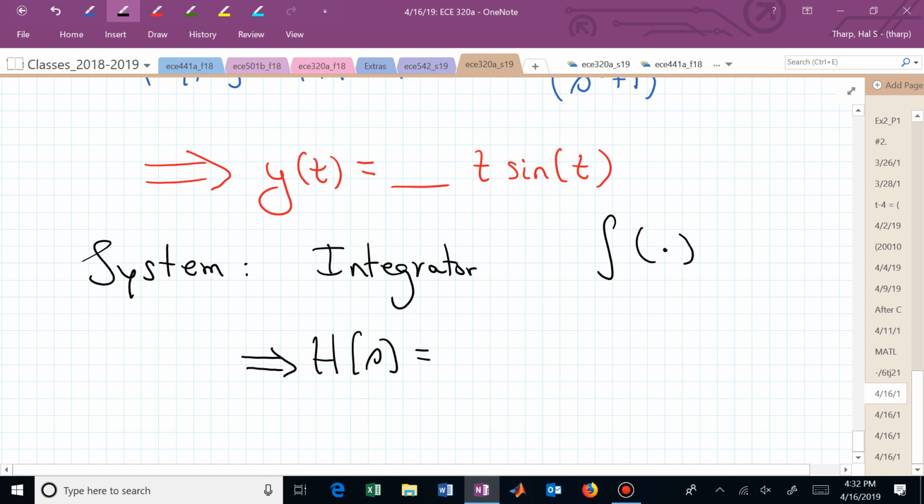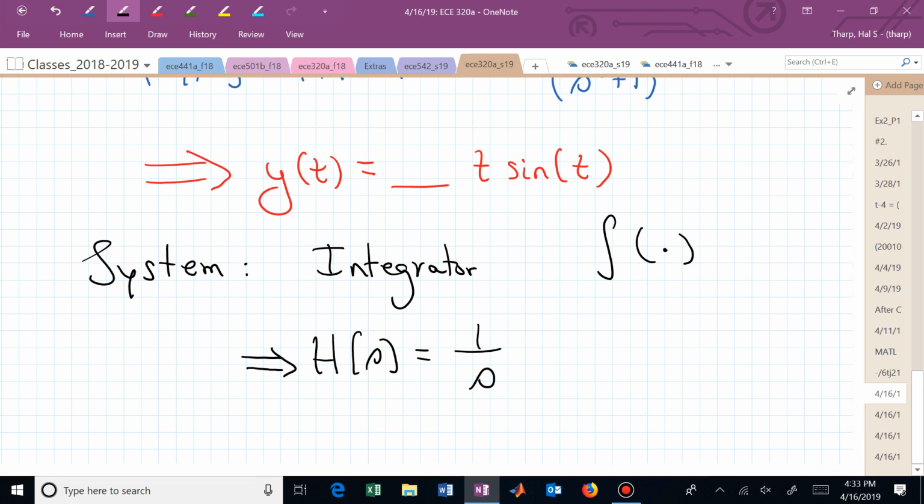It has convolution in the time domain, but now it's the inverse of differentiation. Differentiation is multiplication by s, integration is division by s. So if your system is a pure integrator, what could you apply to that integrator and cause an unbounded output? What could you integrate that's bounded that would go unbounded in the output of the integrator?